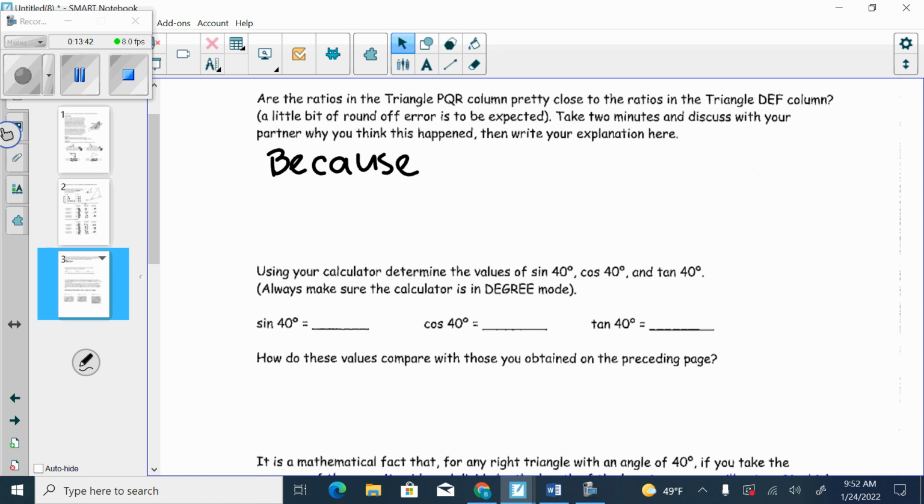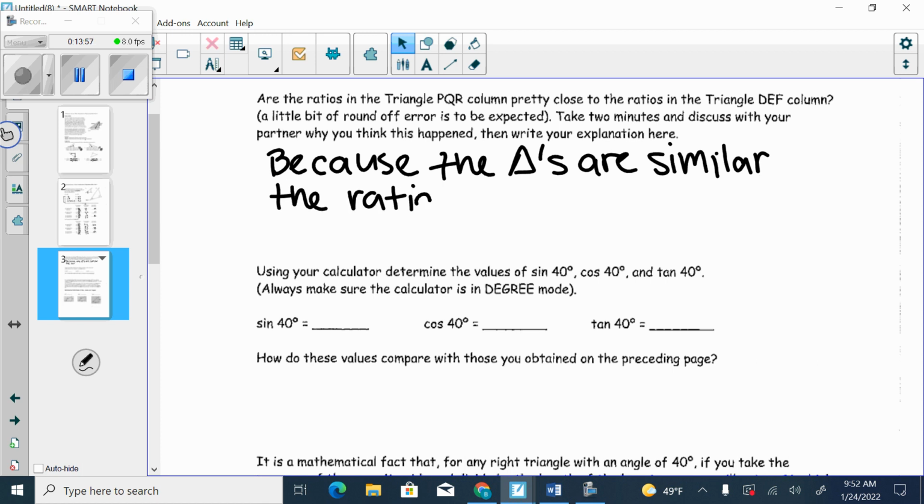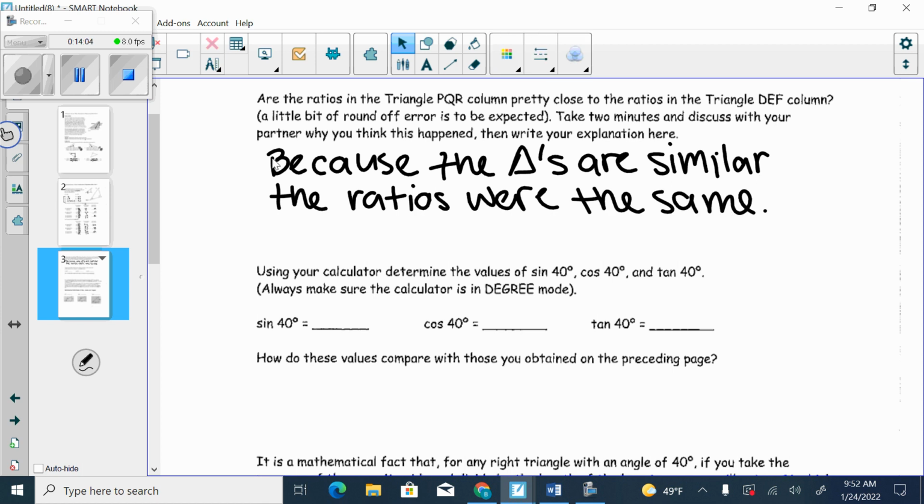Because the triangles are similar, the ratios were the same, or at least very close to the same. And remember, similar just means that they're the same shape, not necessarily the same size. One's bigger or smaller by some ratio or scale factor.